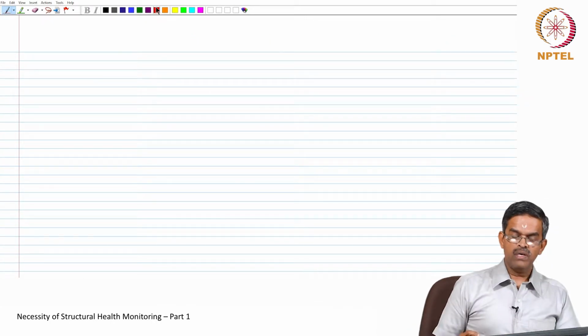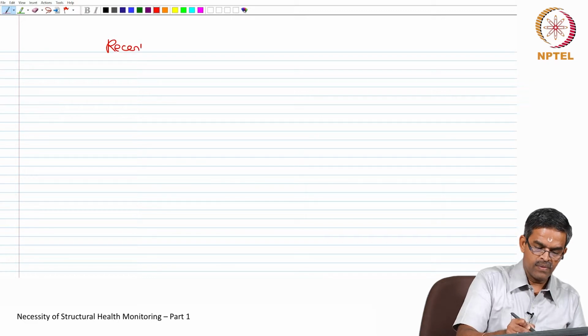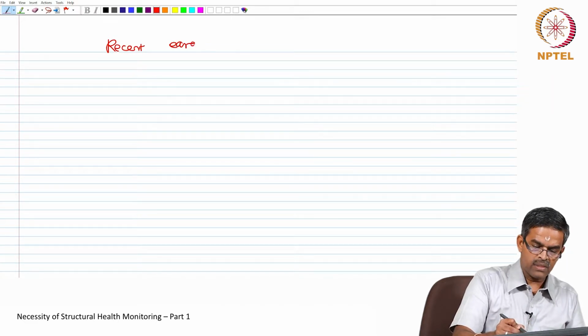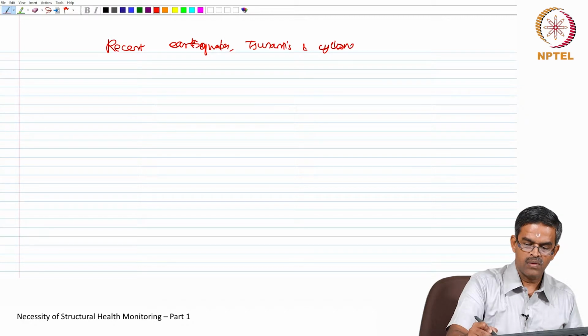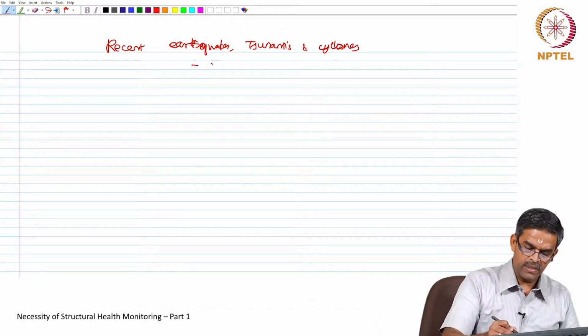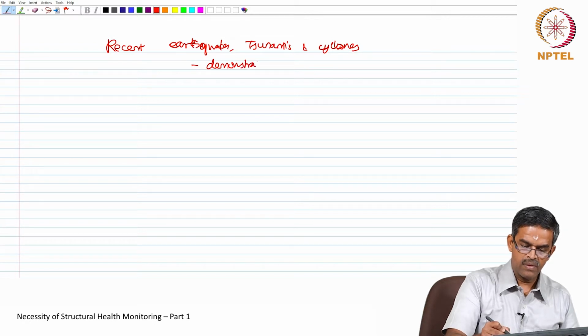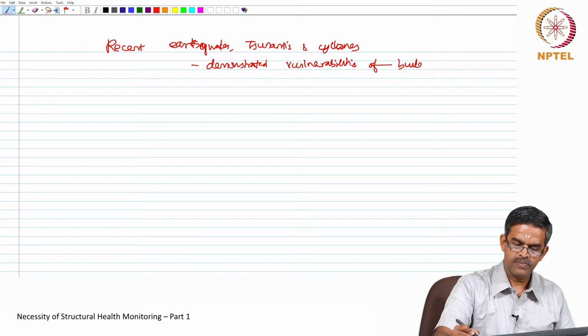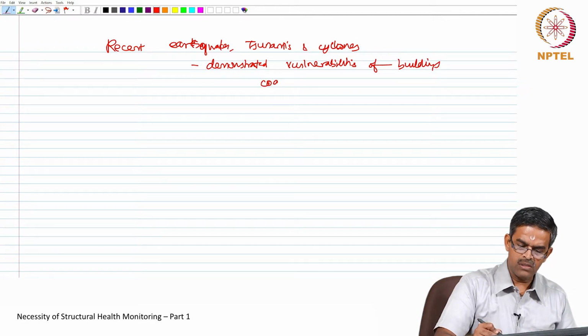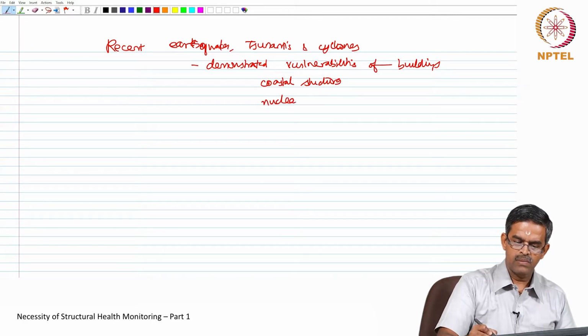I can also add one more point: recent earthquakes, tsunamis and cyclones have demonstrated the vulnerability of buildings, coastal structures, and nuclear reactors.